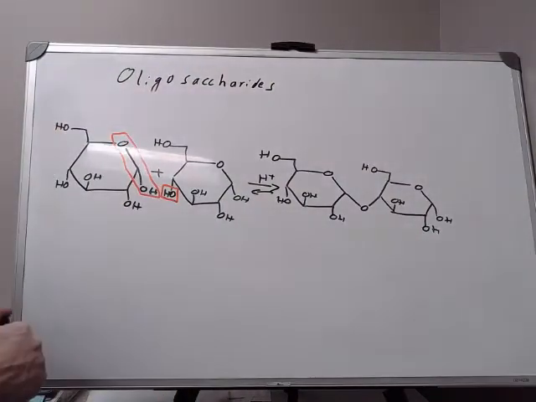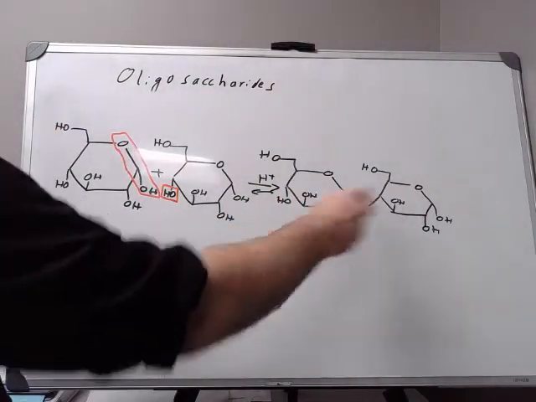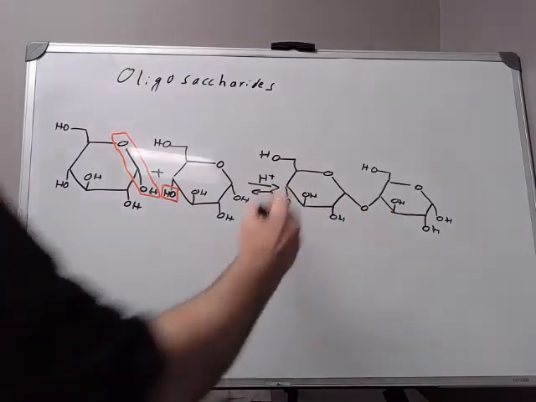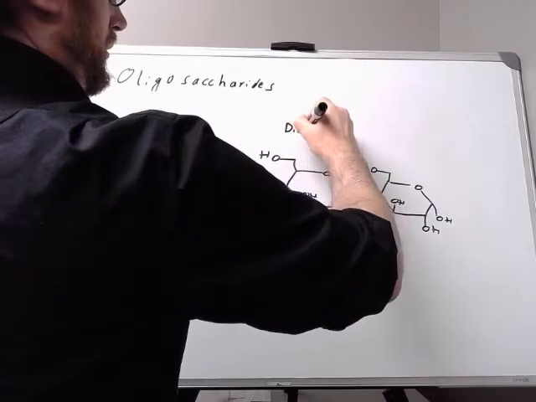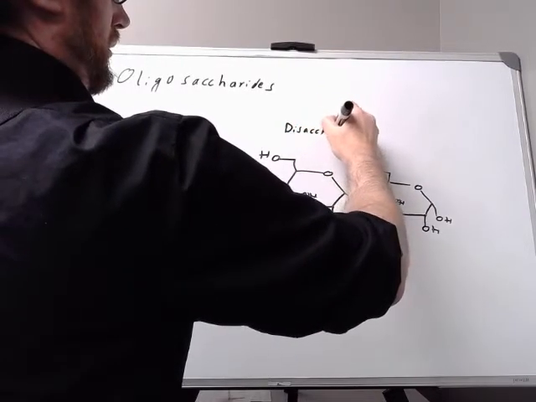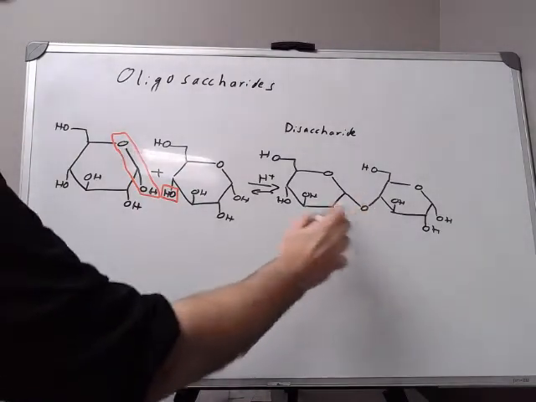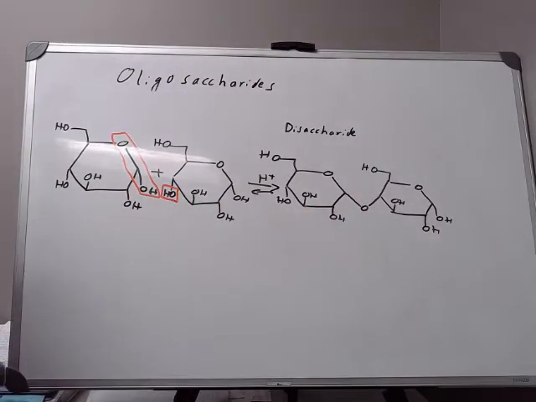Then we'll wind up joining the 2 monosaccharides into a disaccharide through this glycosidic bond.